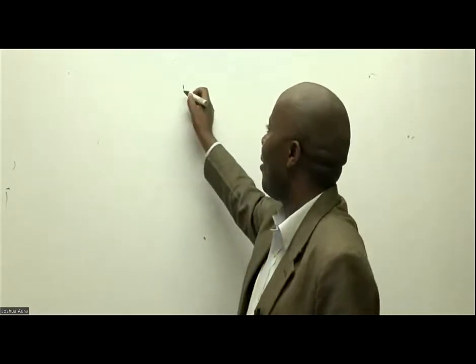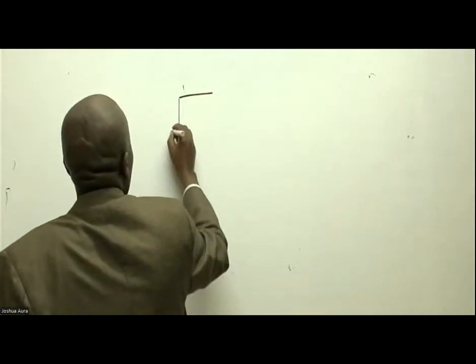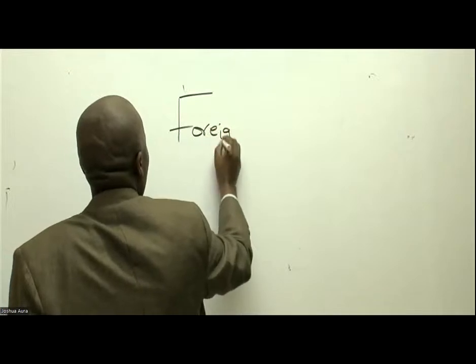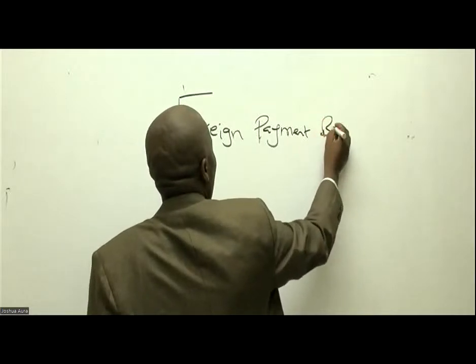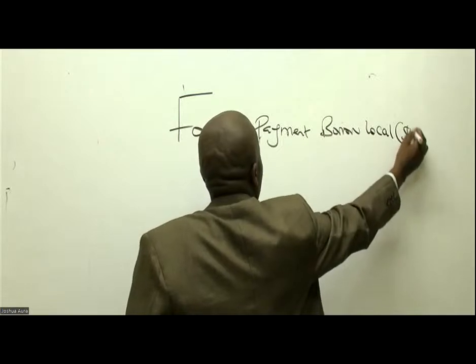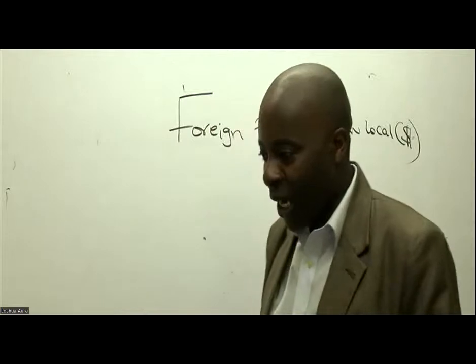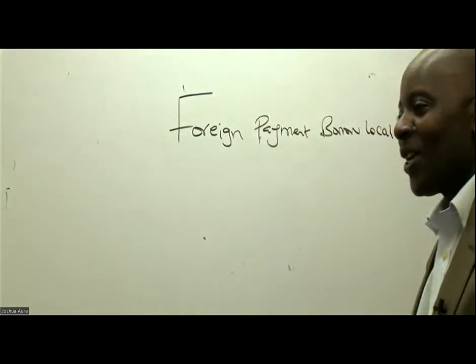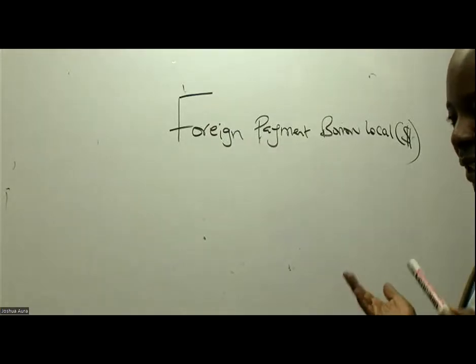Rule number 2 is a foreign payment: borrow local. And we know that the local currency for this company is the dollar.